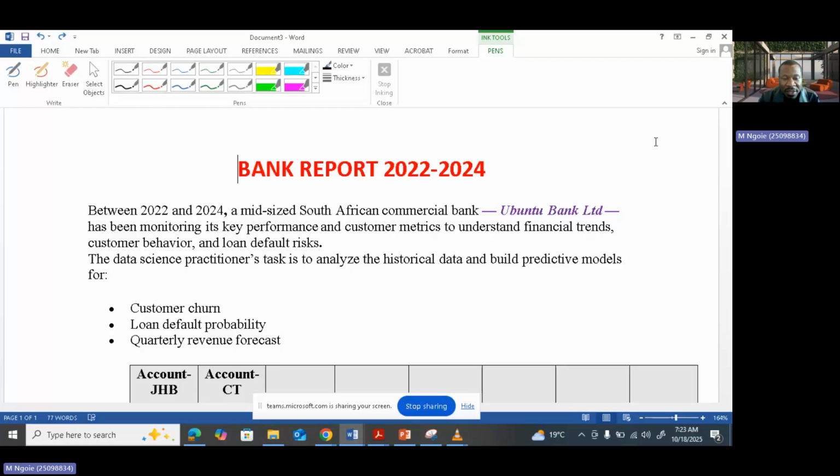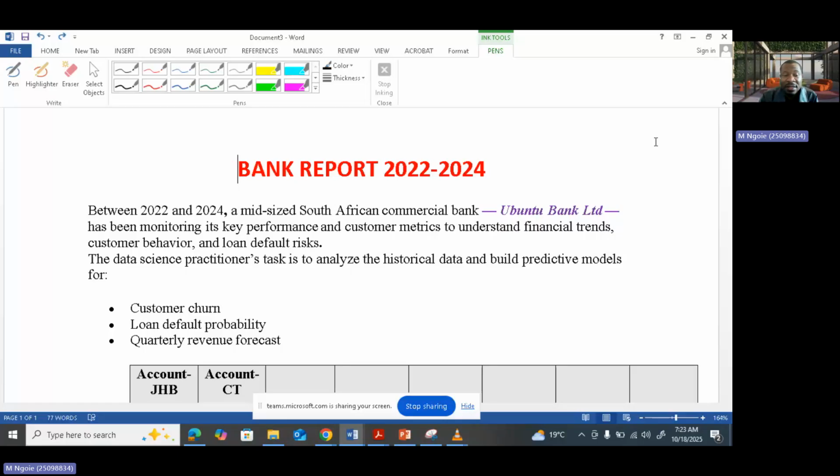The data science practitioner's task is to analyze the historical data and build predictive models for customer churn, loan default probability, and quarterly revenue forecast, right? So this is a bank report that was given to you, from this particular bank.